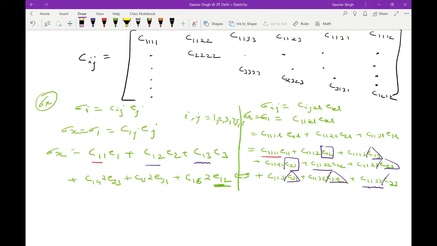So we can say that, now we want to combine these coefficients, so 2 times C16 is equal to, or C16 is equal to C1112 equal to C1121.